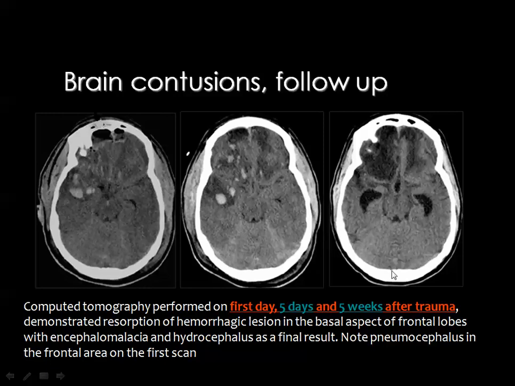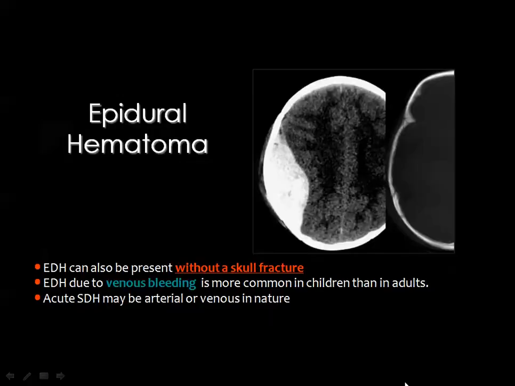And finally, you get an area of damaged liquefied brain tissue representing encephalomalacia, and the development of hydrocephalus here is most likely related to the presence of subarachnoid hemorrhage at the time of injury.